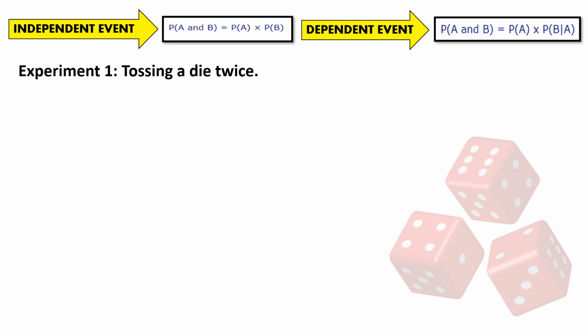If we toss the die once and get the desired outcome, and we toss it again, will the number of total possible outcomes be affected? A die has 6 possible outcomes, and if we toss it again, the answer remains 6. If we toss it again, it remains 6 as well.